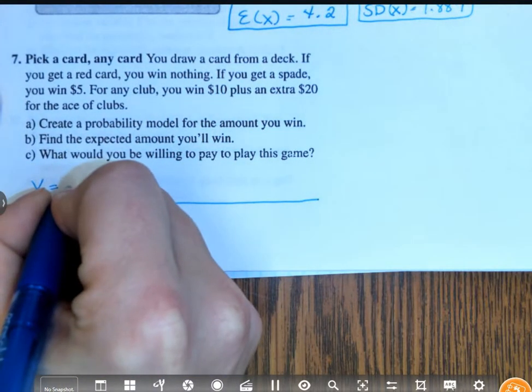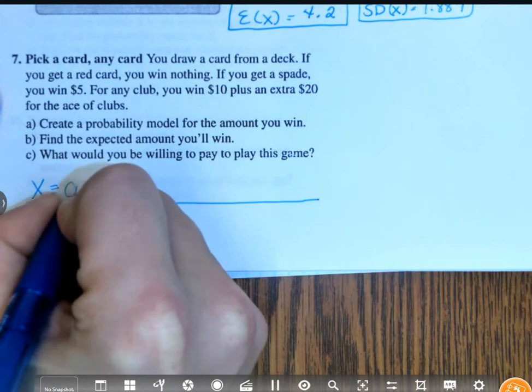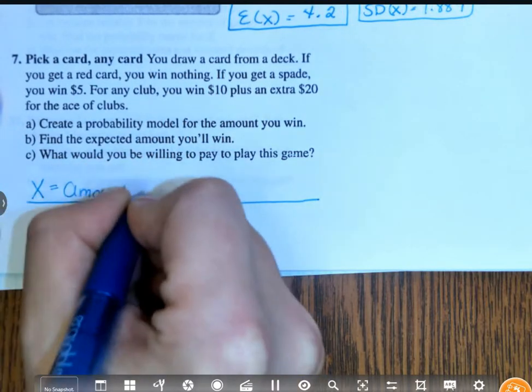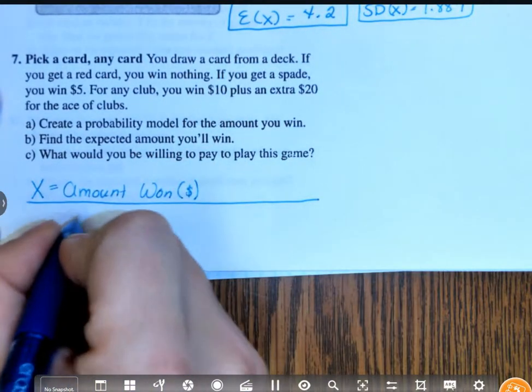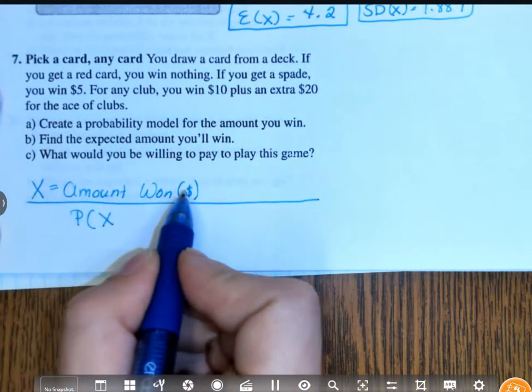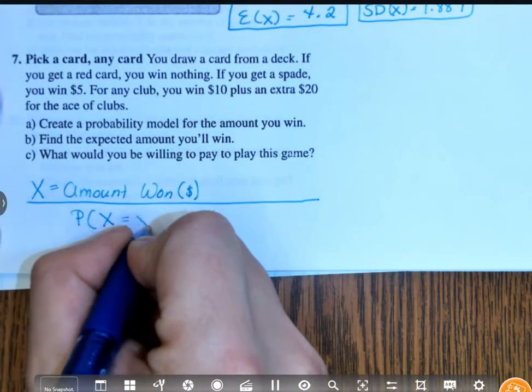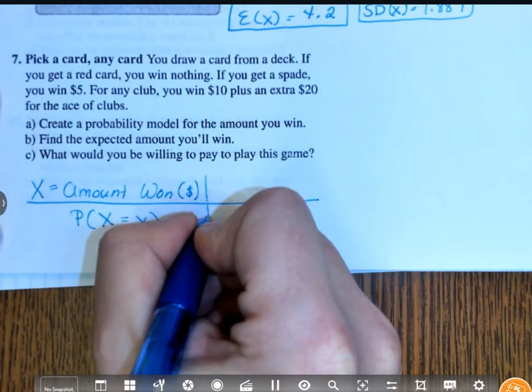So specifically, I'm going to call this amount 1, and I'm going to put a $ sign there. Underneath that is the probability out of all of the amounts that you can win that you win that specific value. So capital X, lowercase x.